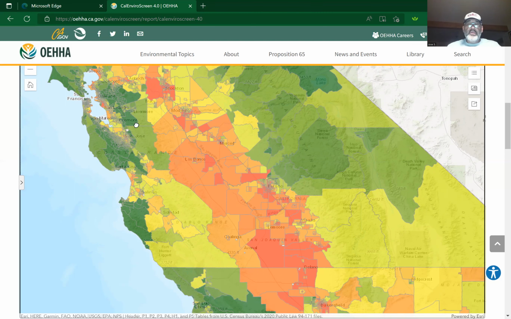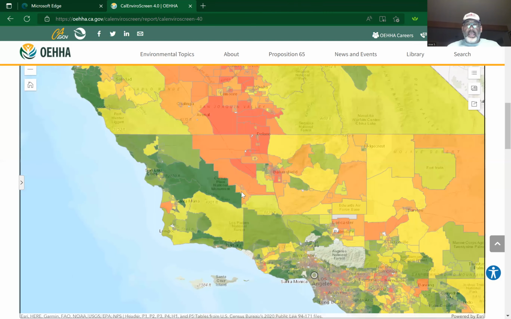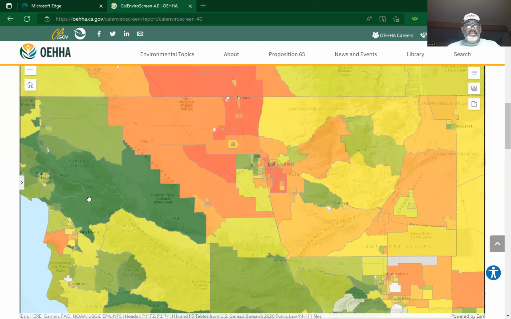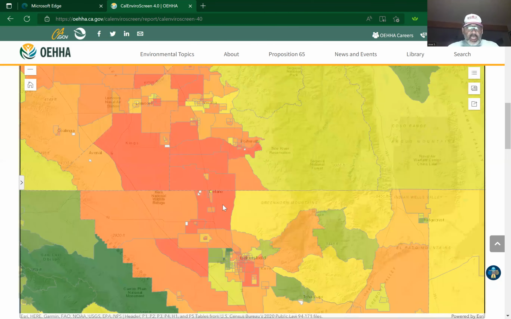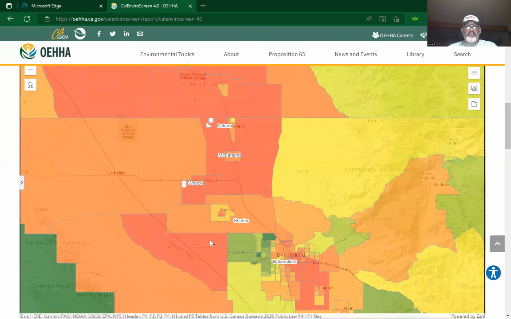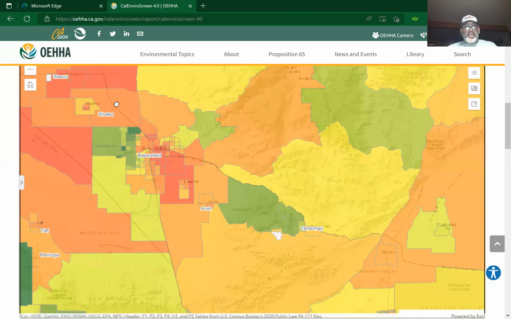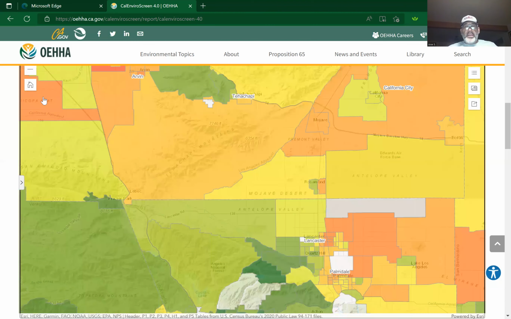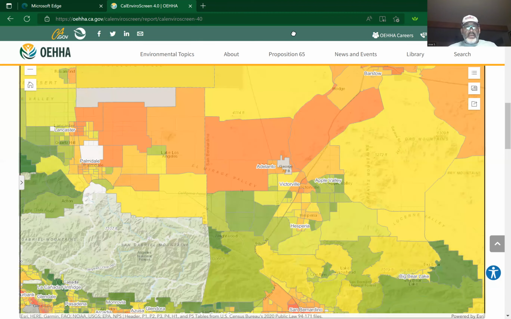So we're gonna zoom in some more, and we see that Kings County has a lot of pollution. Delano, these are largely poor, not wealthy communities. McFarland, Shafter, Bakersfield, Arvin, and then we're gonna go into Los Angeles now, and here we are.